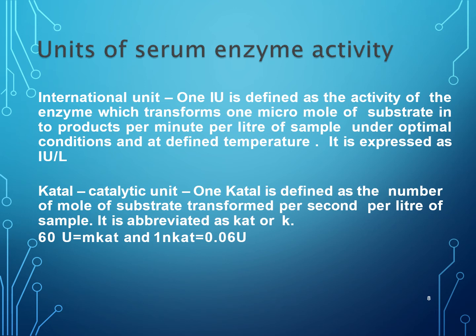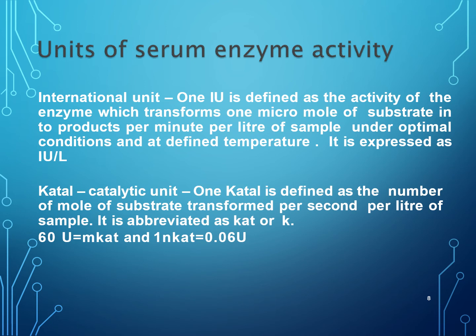In our country, mostly the IU is used. One international unit is defined as the activity of the enzyme which transforms 1 micromole of substrate into product per minute per liter of sample under optimal conditions and at a particular temperature. It is expressed as IU per liter.